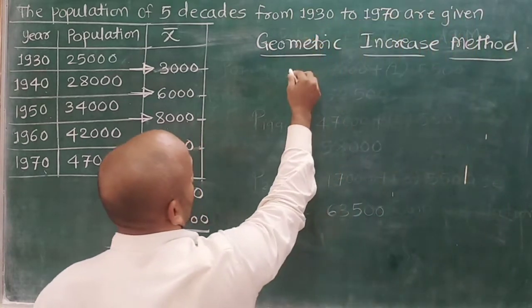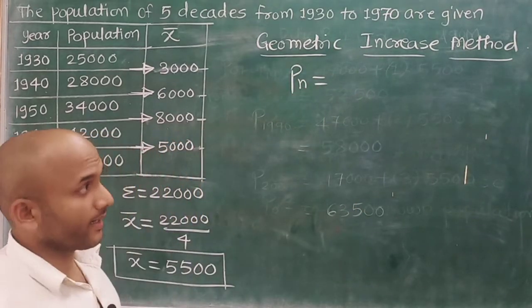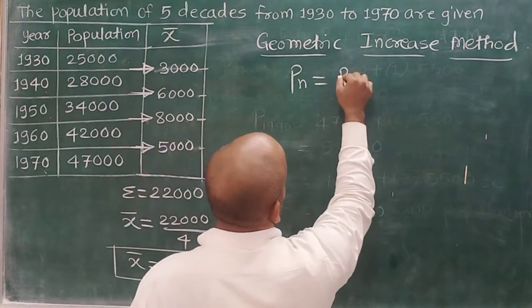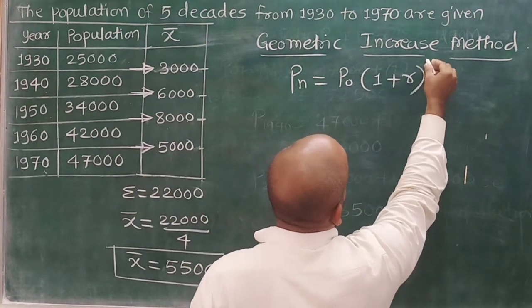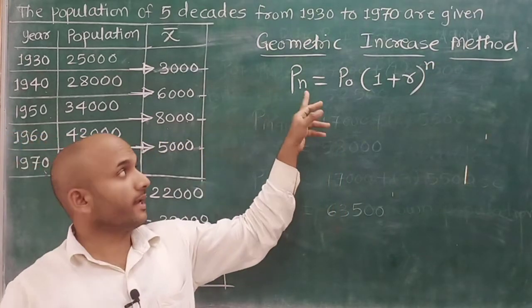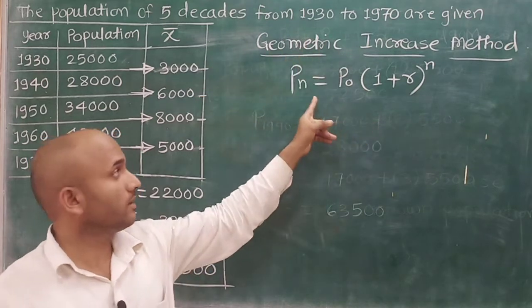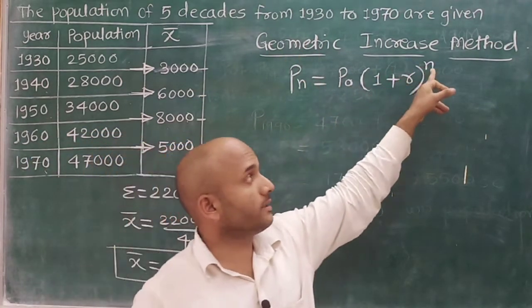The formula for the geometric increase method: population after n decades, Pn, is equal to P naught in bracket 1 plus r, raised to power n. Pn is the population after n decades. P naught is the latest known population. N is the number of decades.